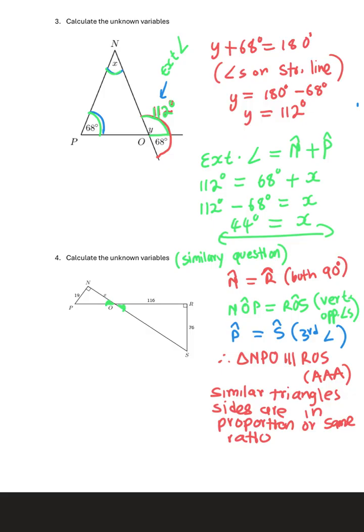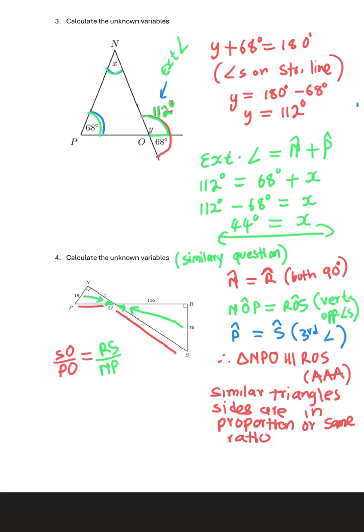This side goes with this side. So then we're gonna say SO over PO is equals to, and then this side facing this angle is gonna go with this side facing this angle. So it means we're gonna say what? Because the top side comes from the bigger triangle, we're gonna say RS over NP.